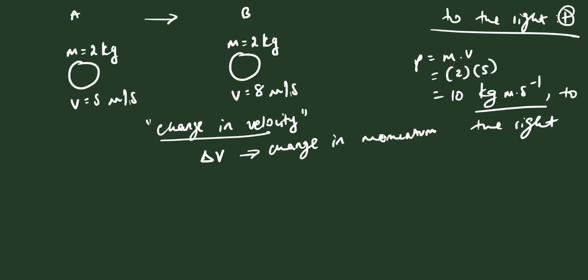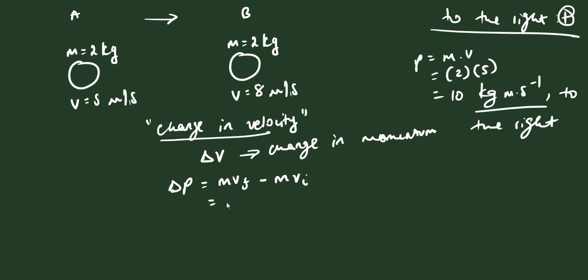Now it means that the momentum at A and the momentum at B is not the same. We're going to have a change in momentum, because a change in momentum is the momentum at B, which has the final velocity, minus the momentum at A, which has the initial velocity.